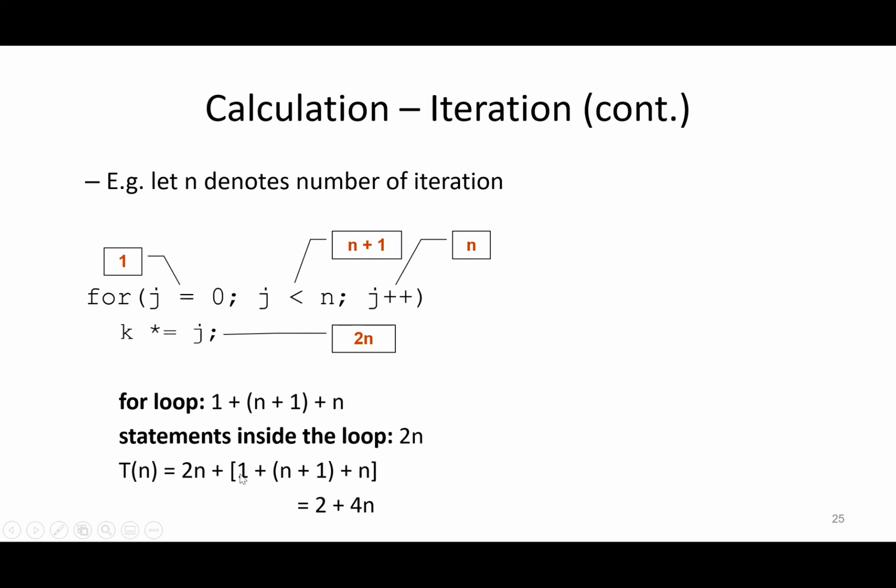It will be 2n plus 1 plus n plus 1 plus n. So total will be 2 plus 4n. So if you want to know how many time steps, it just depends on n. If your n is 10, you just replace this with 10, then you know. Okay, so you come up with the time complexity for this for loop here.